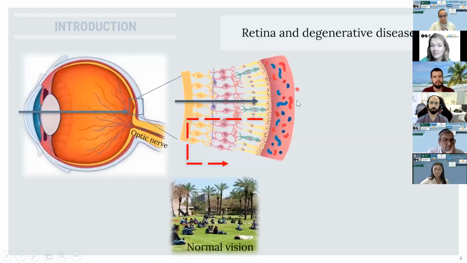And now, why retina? Retina is one of the most important organs for us to function properly, because if we don't see well, then the quality of life goes down. So quickly, I will remind you how vision works.